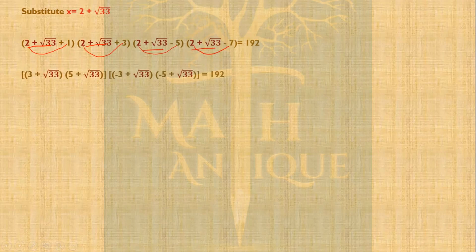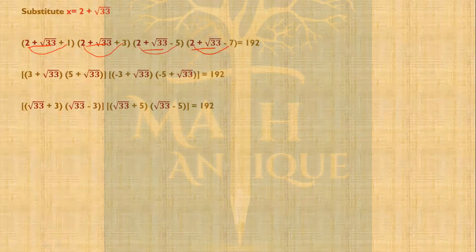So we will write 3 plus under root 33 and 5 plus under root 33, right? So we should write 3 plus under root 3 and 3 minus under root 3. We will interchange the places because under root 3 is positive here, 3 is negative. So under root 3 plus 3, under root 3 minus 3 will make the formula a plus b, a minus b.